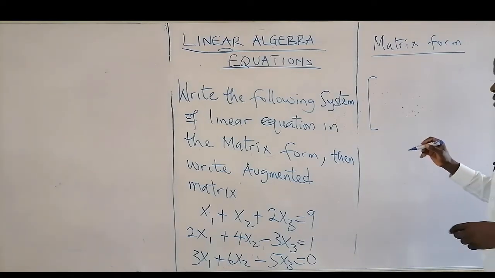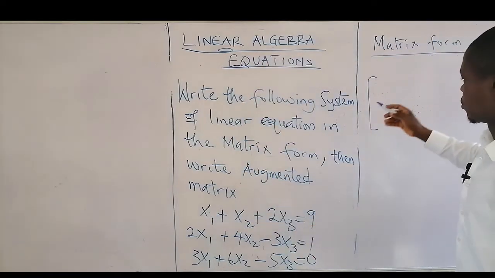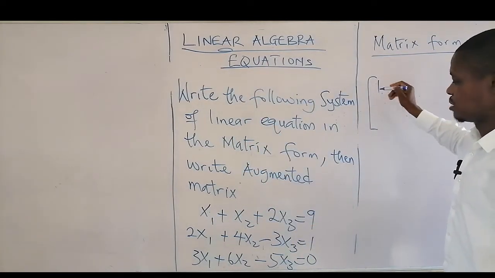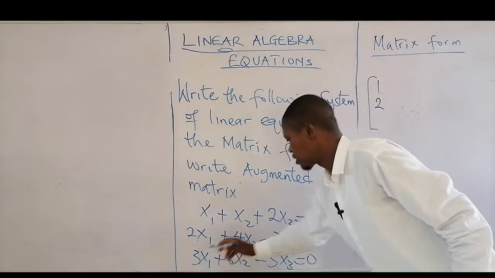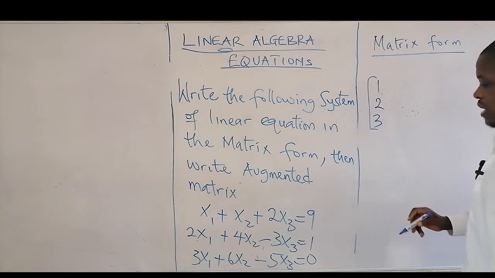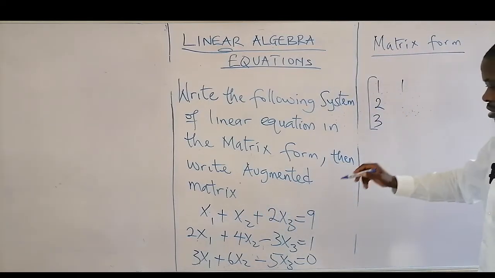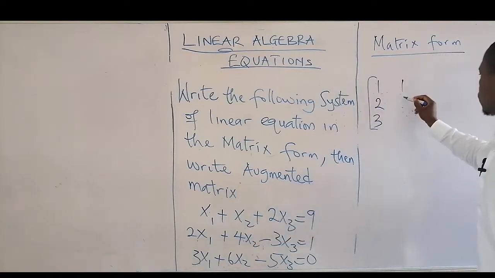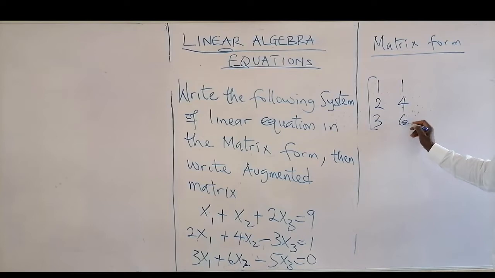So what we're going to do now for the x1, which will be the first column, what are the coefficients? The first one is 1. The second one is 2. The third one is 3. Then we go to x2. The coefficient there is 1. The second one, that's 4. The third one for x2, that's 6.